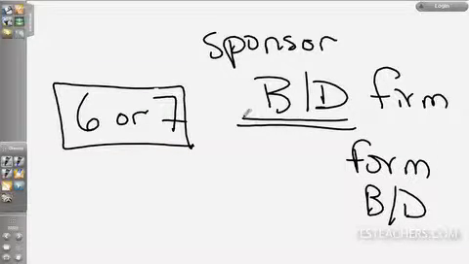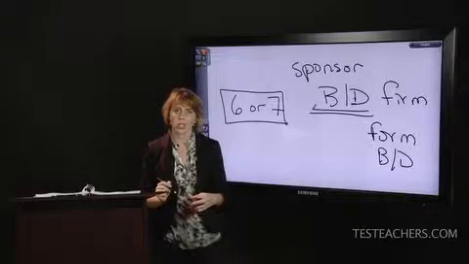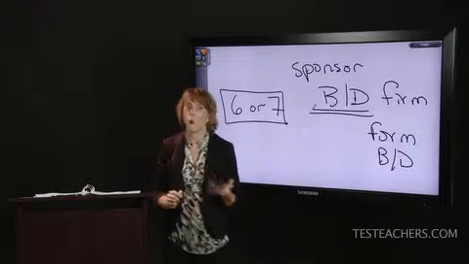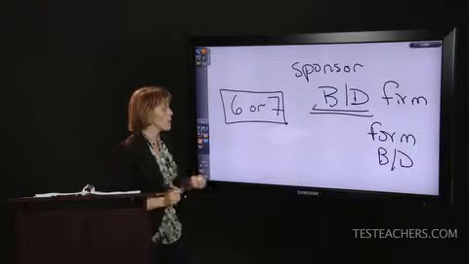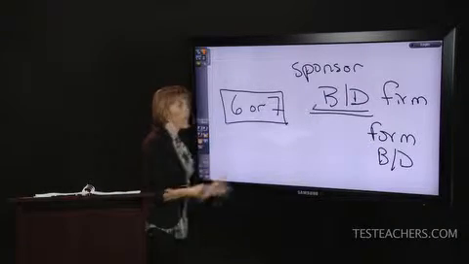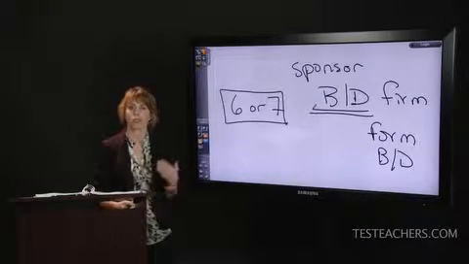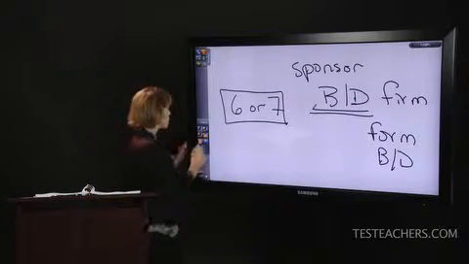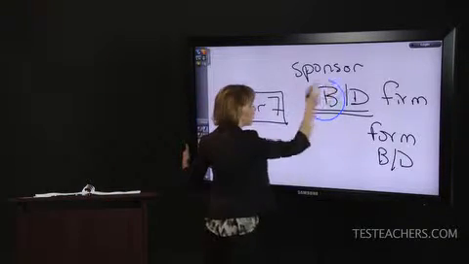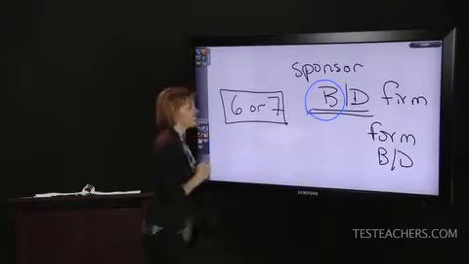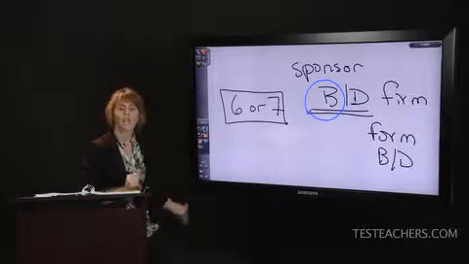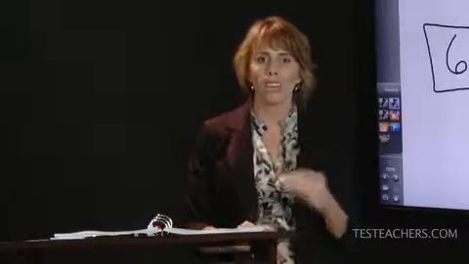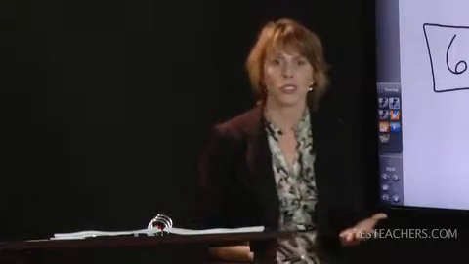And the broker-dealer either acts in a transaction with a customer as a broker or as a dealer. When they're acting for their customer, buying and selling securities for their customer, and they charge a commission, that's the broker side. If they're acting for their own account, that's the dealer side.